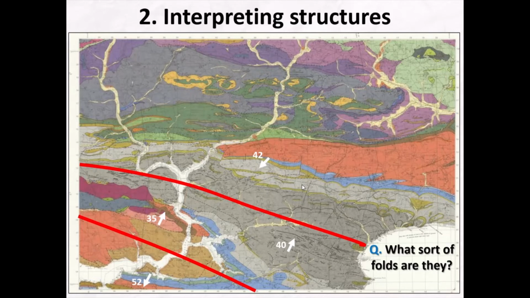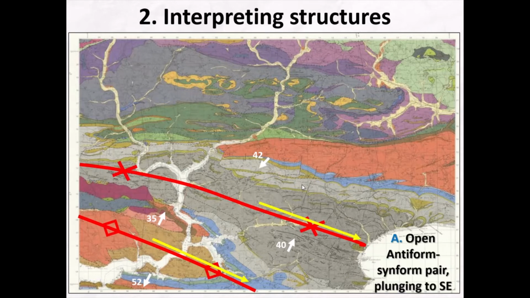And looking at those folds in more detail, I can see that in the southwest of the area we've got these divergent dips, which indicates that we've got an antiform, where the exposures close towards the southeast, indicating a plunge direction in that direction.